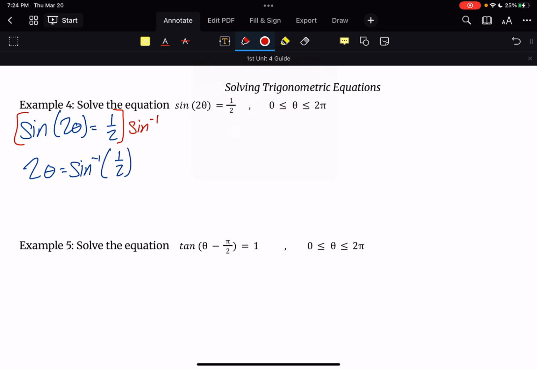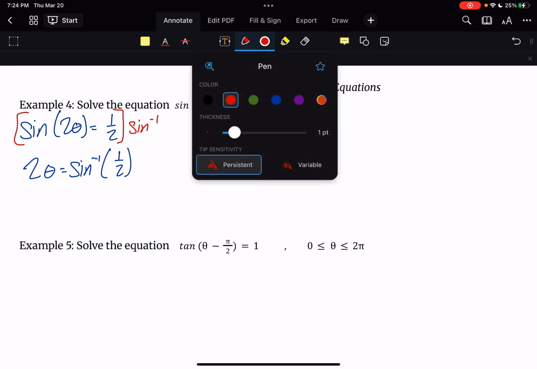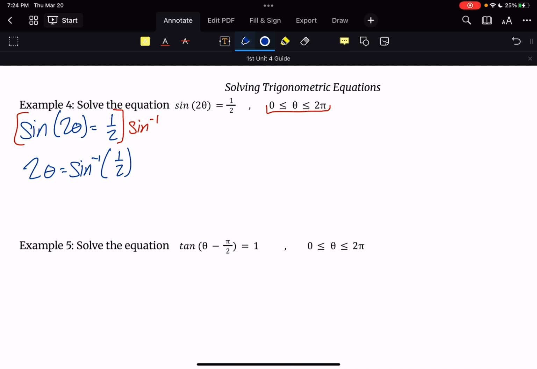And again, I have this restriction that I'm solely looking at the unit circle. So I have a sine of 1/2 at pi over 6 and at 5 pi over 6. So I have 2 theta is equal to pi over 6 and 5 pi over 6.